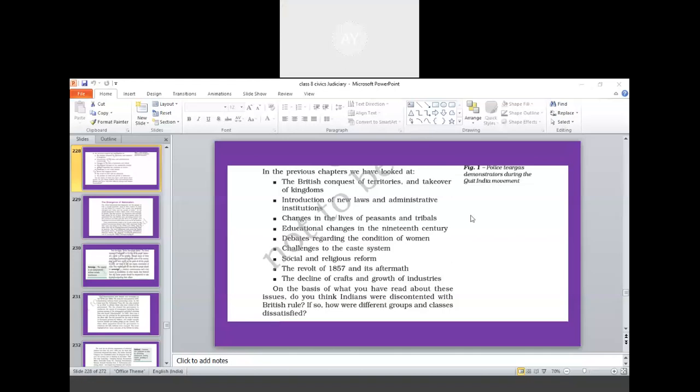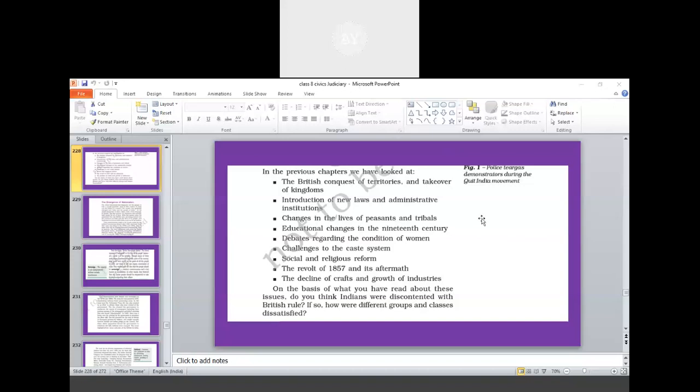Introduction of new laws and administrative institutions, that is called taxation. Chapter number? Ruling the Countryside, chapter 3. Impact or changes in the life of tribals and farmers. Chapter number? Chapter 4. Okay, tribals.